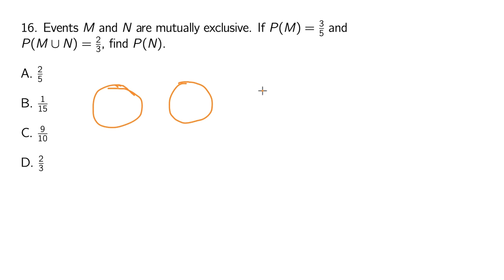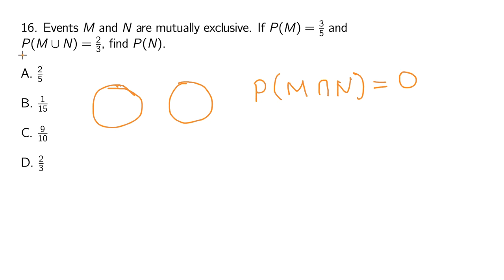In particular, their intersection, M intersect N, is just 0. You cannot have the two events happening at the same time. If one happens, the other cannot happen.